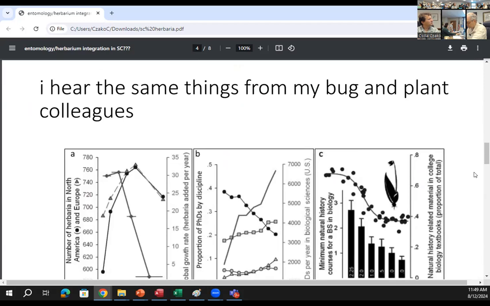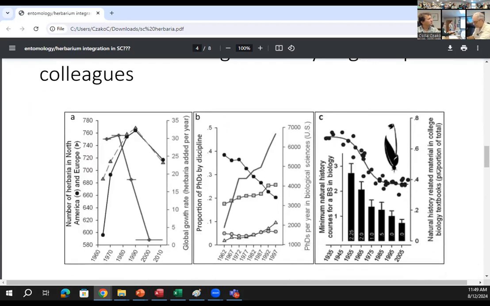basically, what he did was gather data on natural history education and natural history collections. He didn't do entomology, but he did herbaria, and the number of herbaria peaked in the 1980s and has declined very sharply ever since, and obviously, as we just heard, is continuing to decline. This also mirrors the fact that we're giving out fewer PhDs in organismal and natural history disciplines.